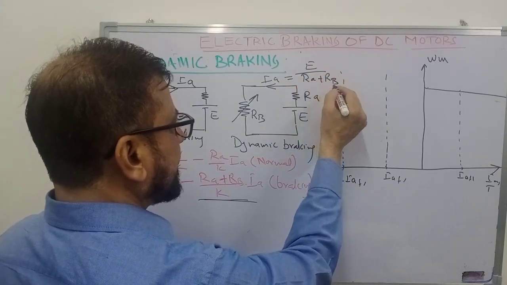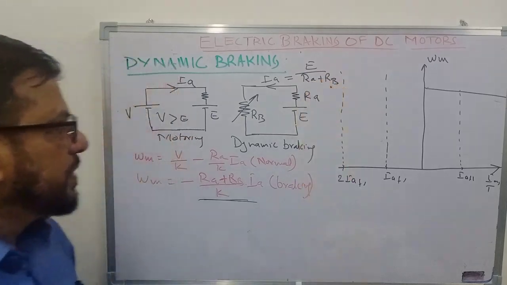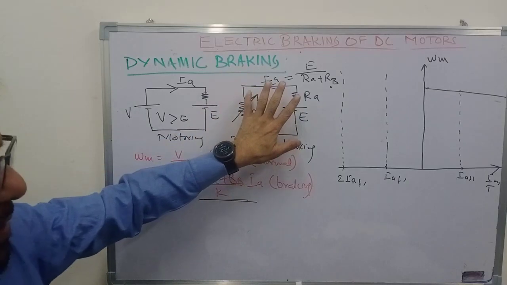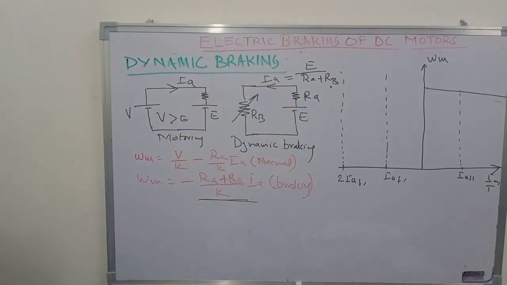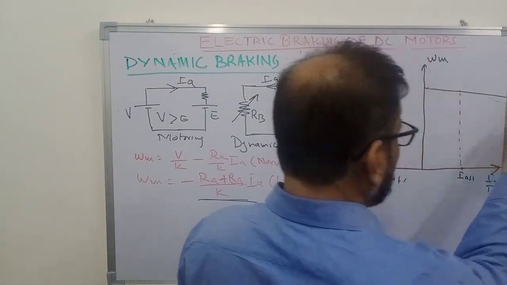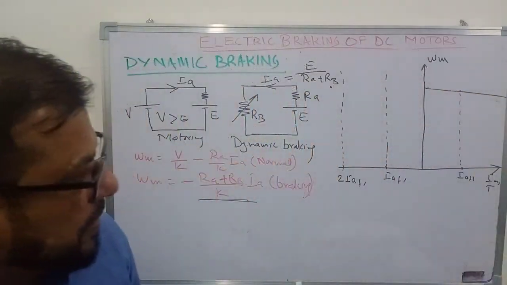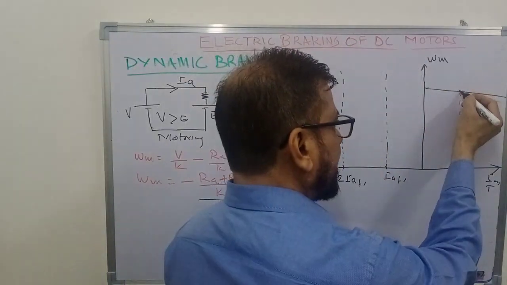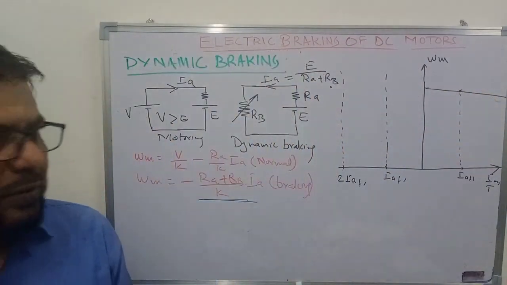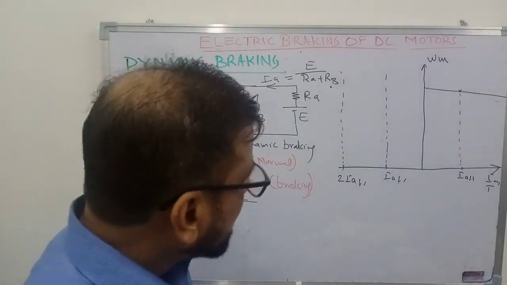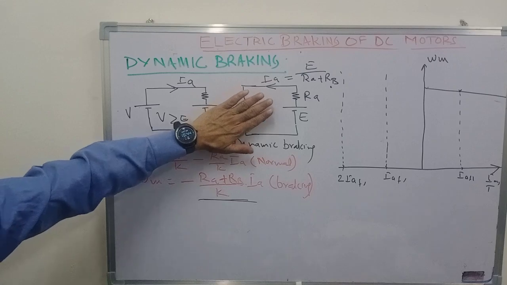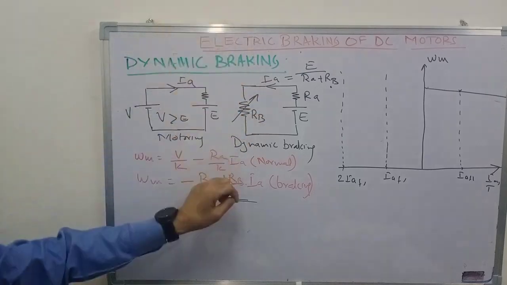I will explain the need of this braking resistance also, because you can directly short circuit it, then also you will have some current in the reverse direction. So this is a normal operating characteristic of the DC motor, and you are operating somewhere here, and you suddenly want to stop the motor. What will you do in that case? Suppose you don't use this braking resistance, you just short circuit it.